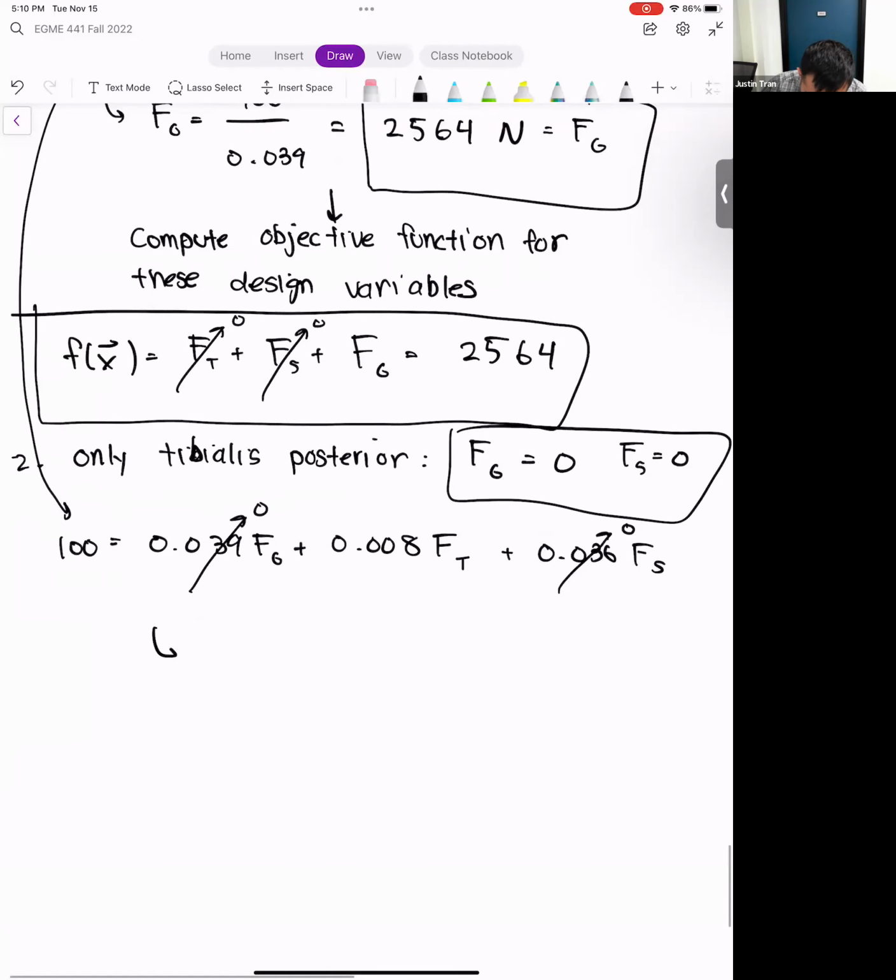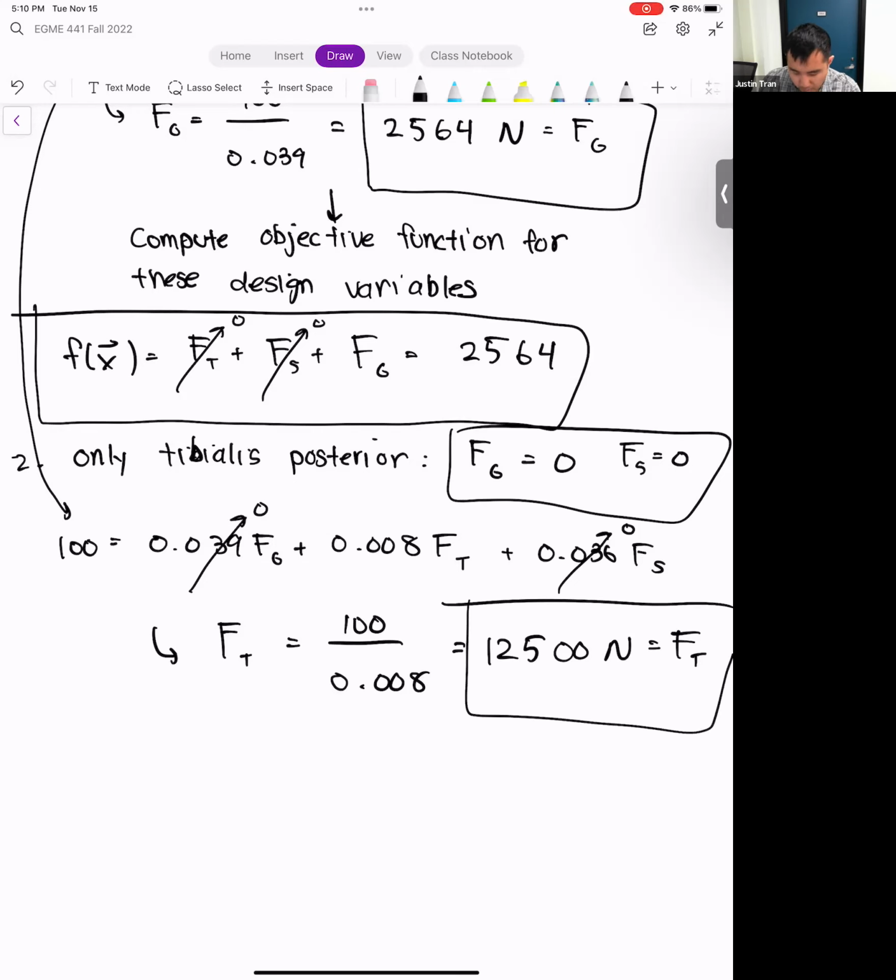And so that means FT is simply going to be 100 divided by 0.008, which is equal to, I'll go on my calculator because I don't have it in my notes. It's equal to 12,500 newtons. Okay.